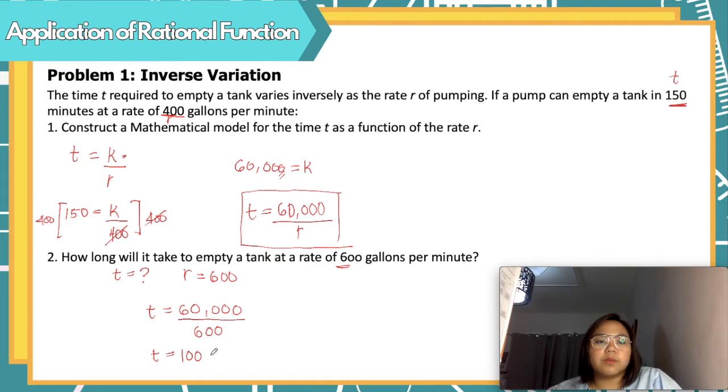Don't forget to include the appropriate unit, 100 minutes. So t here is in minutes. Therefore, it will take 100 minutes to empty a tank at a rate of 600 gallons per minute. This will be the answer for number 2.